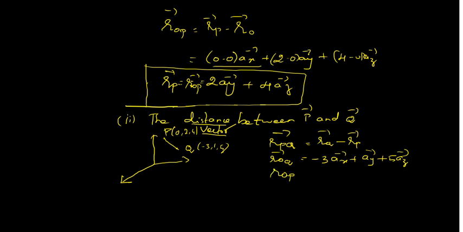So here we can write RQ is equal to... and RP is equal to 0 AX, so leave that, and 2 into AY vector plus 4 into AZ.